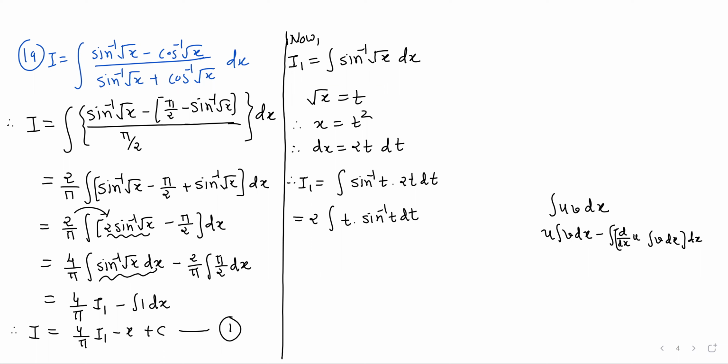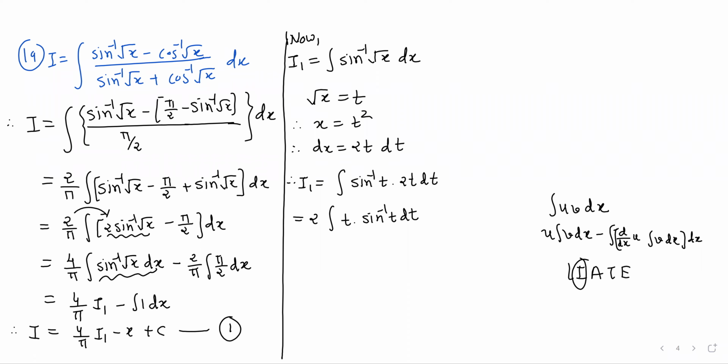Now applying this formula, according to LIATE. What is your U? What is your LIATE? I comes first, that means inverse.